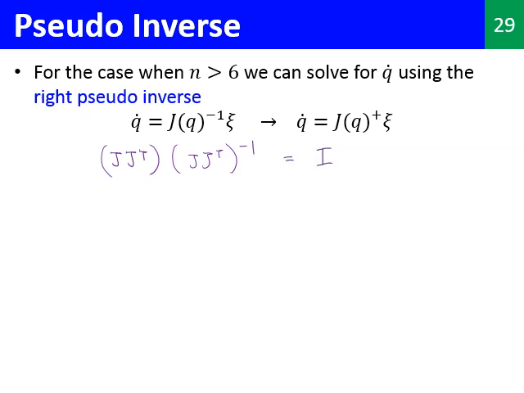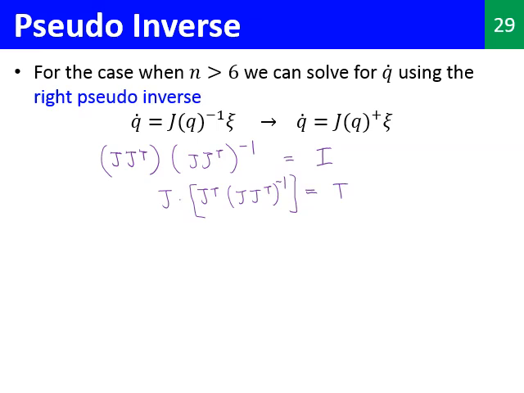A matrix times its inverse. Now if I regroup this, I have J times J transpose times (J J transpose) inverse.